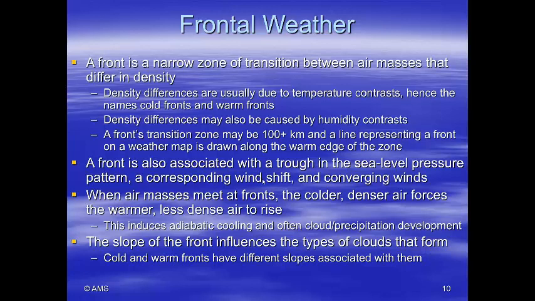When the air masses meet at a front, the colder, denser air forces the warmer air to rise. This induces adiabatic cooling: the warm, moist air rises into the atmosphere, expands and cools adiabatically, and often cloud and precipitation develop.